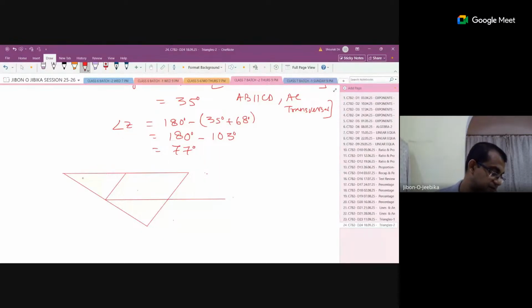So this is AB. E is a triangle. And this is C. This is X. These two parallel lines are given. So it's a parallelogram actually.